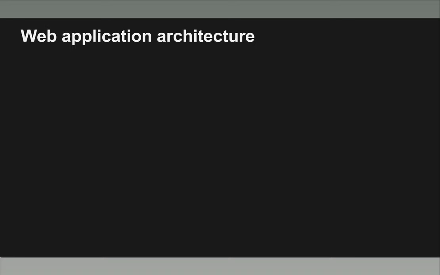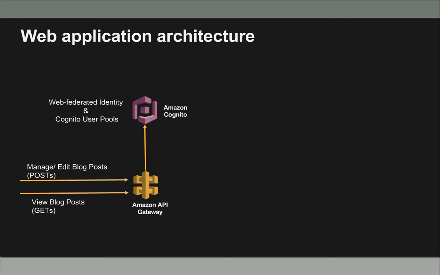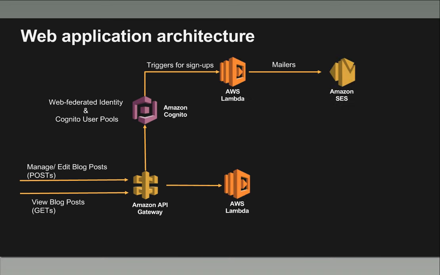In a typical web application architecture, you have a three-tier application pattern, right? In this case, your web tier is going to be surfaced by Amazon API Gateway, and then there's Amazon Cognito User Pool. Amazon Cognito User Pool provides a highly scalable user management service. So in this case, you can actually manage users, you can also have users respond to a certain initialization email, and then based upon that code, you can allow access to your website.